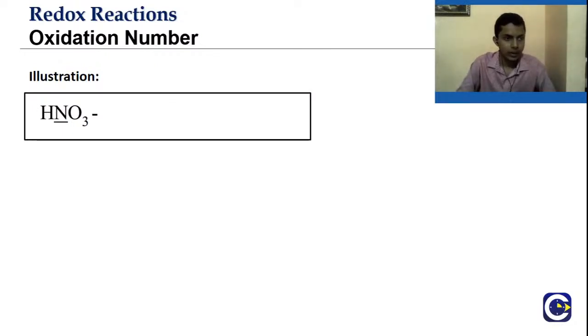Try out next, HNO3. This is not nitrite. This is nitric acid. Find out the oxidation number of nitrogen in this. Students can reply. Only when you all reply is that the indication that you are understanding.